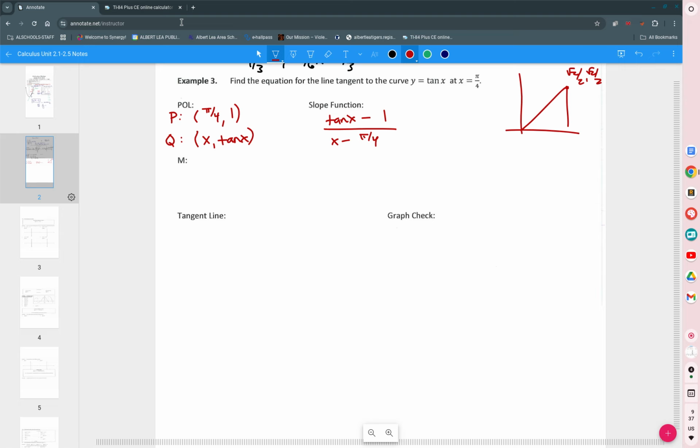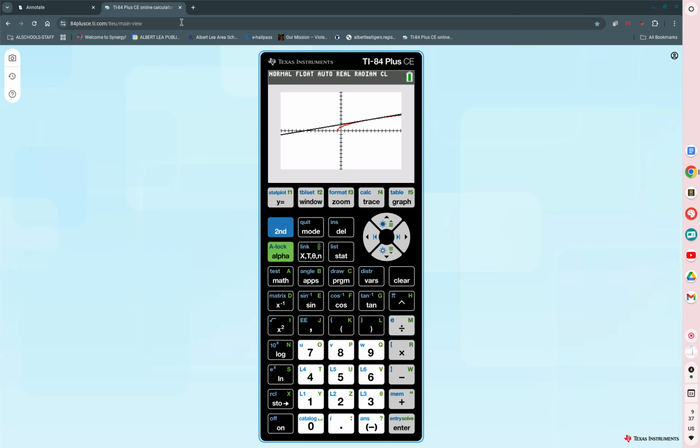We're going to use that to come up with our slope. So we'll go to our calculator. We're going to get rid of all these pieces. I have tangent of x. Whoop, I got to put my parentheses around it.